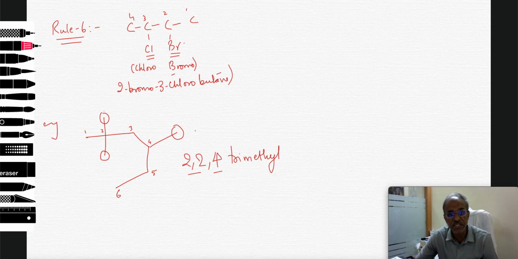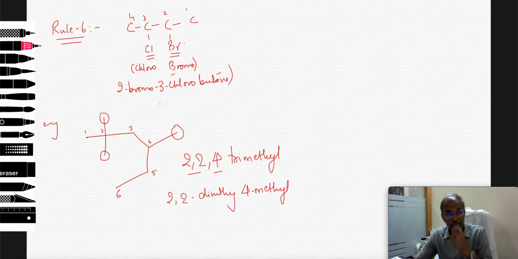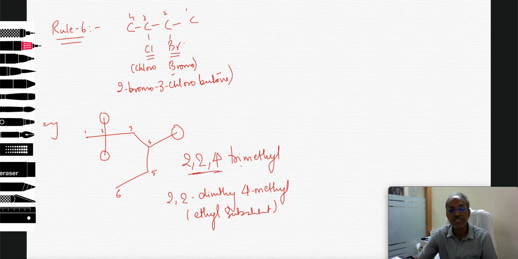If one was ethyl, then I would not write it like that; I would write 2,2-dimethyl, 4-ethyl, like that. But for this, it is 2,2,4-trimethylhexane.